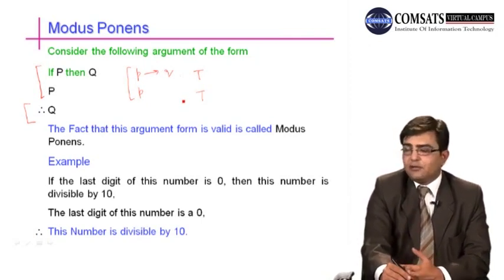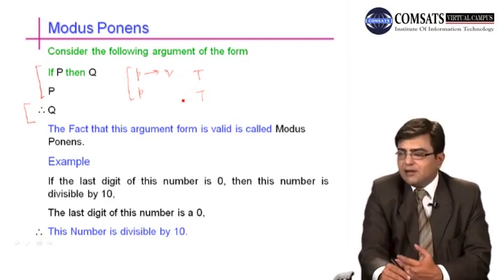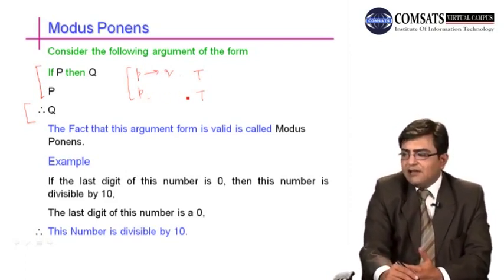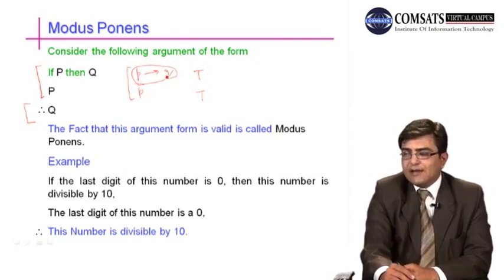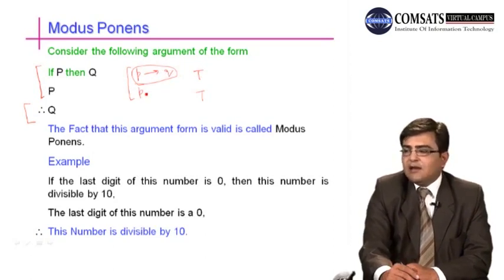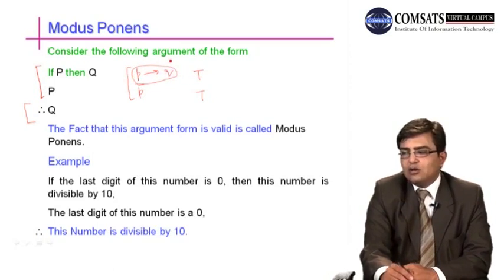How do we conclude from these valid argument forms? I'm trying to explain this. If p is true, then the truth value of this conditional statement p implies q is also true. If p is true, then q must be true. Why? If p is true and q is false, then this conditional statement becomes false as a whole.